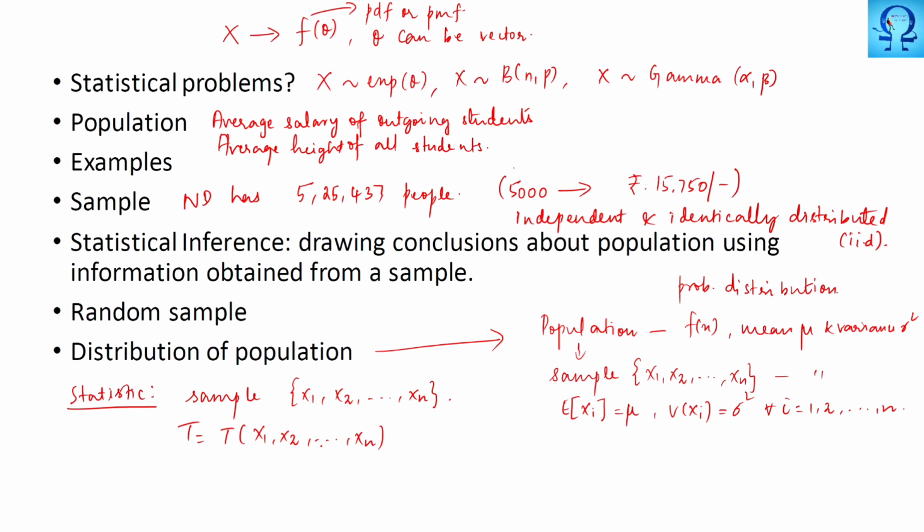Now what would be the distribution of this statistic? So basically we are going to define the joint distribution of the sample x1 through xn, which is denoted as f of x1 to xn, which is nothing but the product of the individual mass or density functions, right?